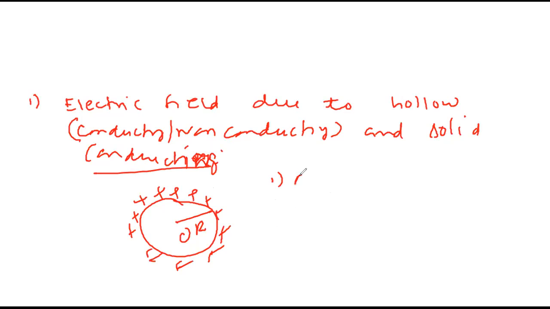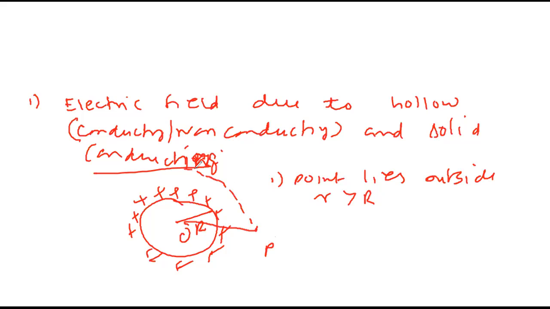So case 1, the point lies outside. That means small r is greater than capital R. If we draw a Gaussian sphere with radius small r having the same center, then the intensity will be directed outward, to a small elemental area.